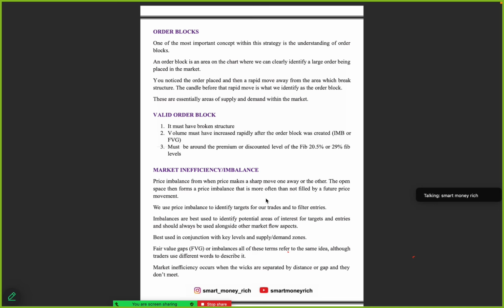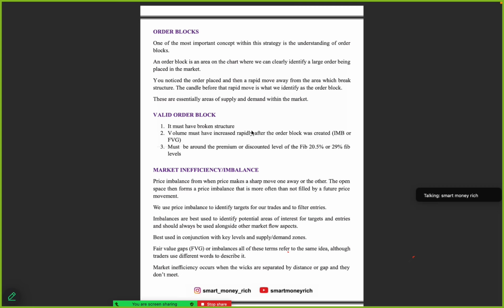It's important. We also use liquidity for exit points and entry points, but imbalance is much more important. So let's first talk about the order block.